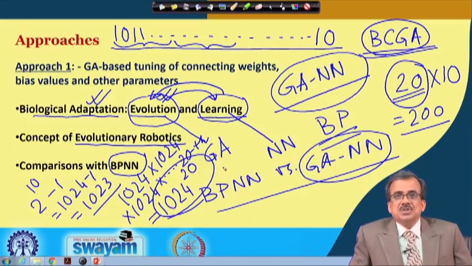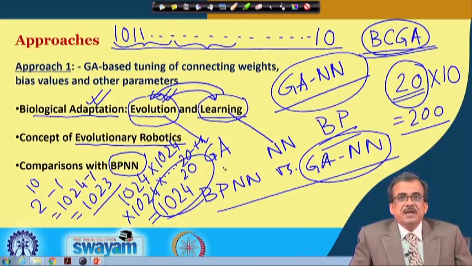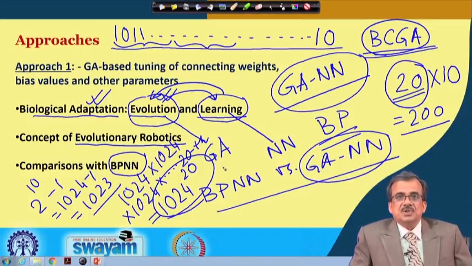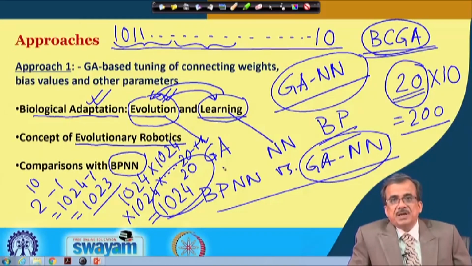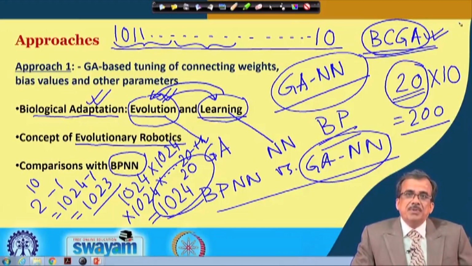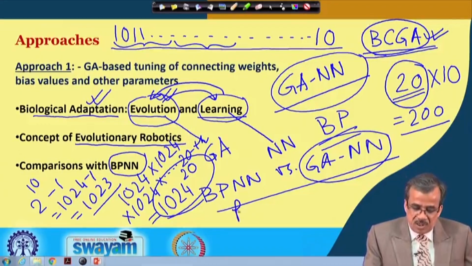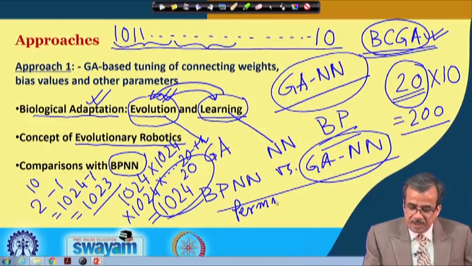That means the GA will have to carry out some search for so many combinations of the input variables or the design variables before it can declare that this is the globally optimal solution. So, this is a very difficult task for the binary coded GA, and this problem in genetic algorithm is known as the permutation problem.